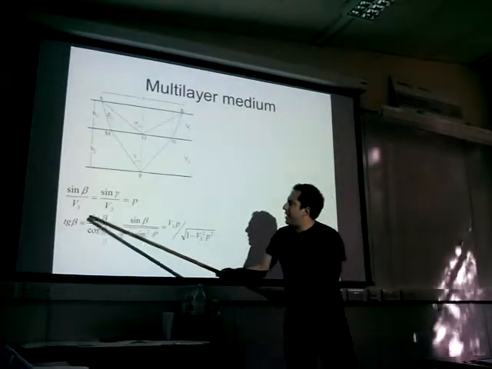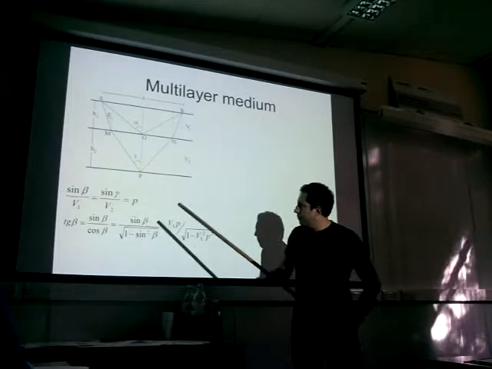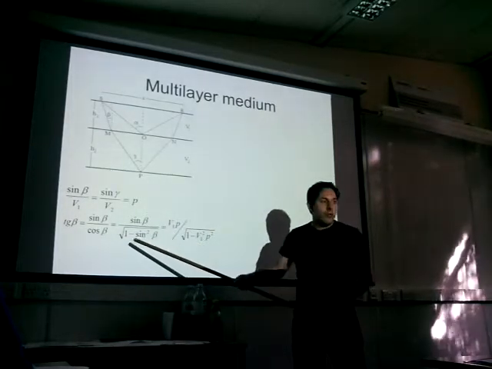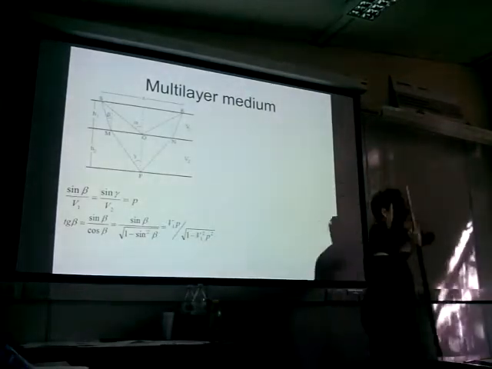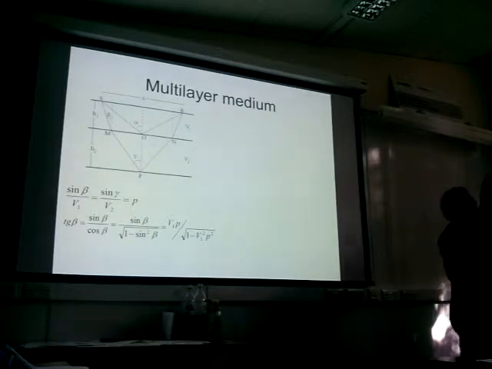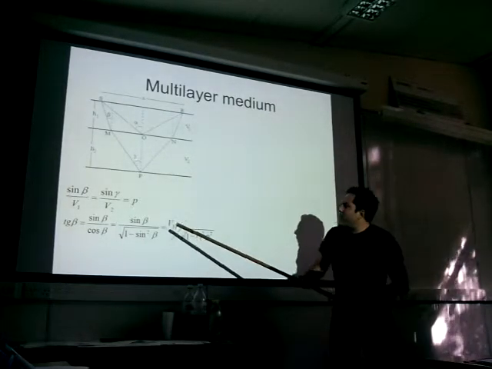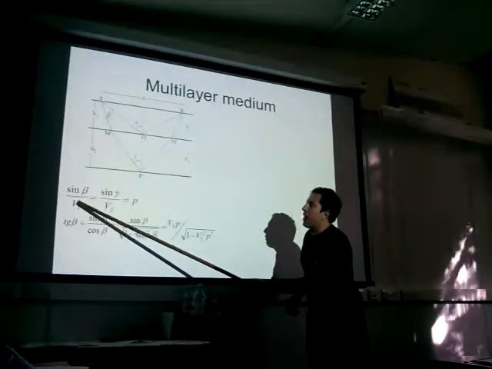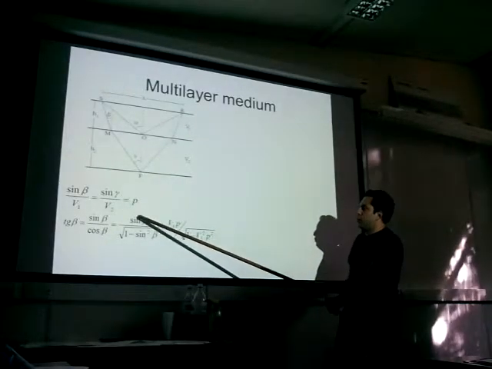By definition, my tangent of beta is the sine of beta over the cosine of beta. I keep my sine of beta, and I rewrite my cosine of beta as the root of 1 minus sine square of beta, because I know that cosine square plus sine square is equal to 1. So the sine of beta I can rewrite, using the Snell law, as V1 multiplied by p.